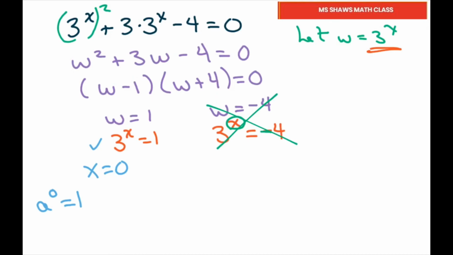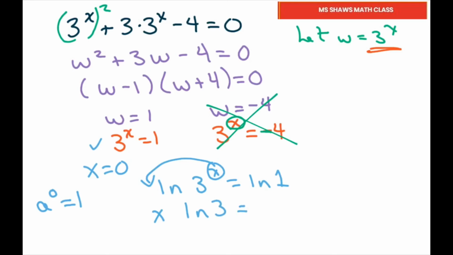If you didn't do that, and you took, say, the natural log of both sides and did your power property for logs, you get x ln of 3 equals ln of 1. Therefore, x would equal ln of 1 divided by ln of 3.